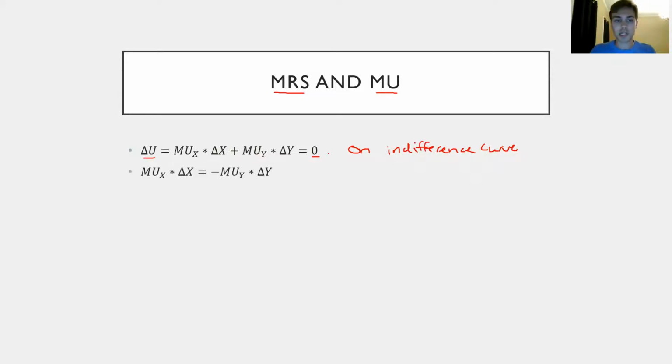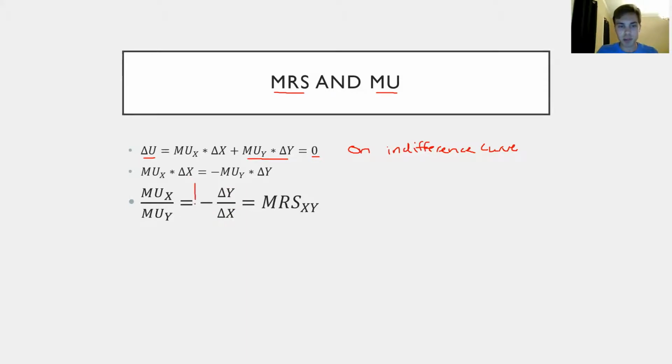If we rearrange this and subtract the second term, we get that the marginal utility of x times the change in x is equal to the negative of the marginal utility of y times the change in y. Then we can further rearrange this to get the marginal utilities on one side and the change in y over change in x on the other side.